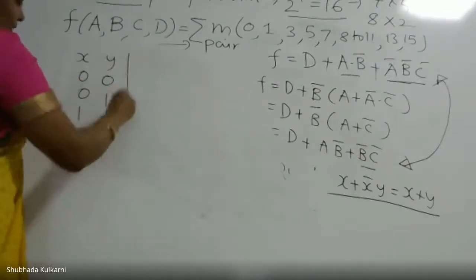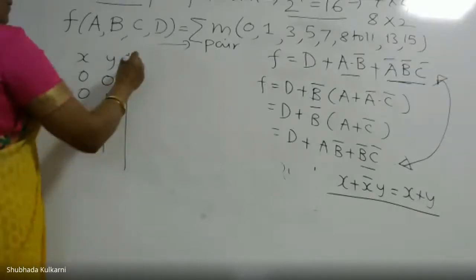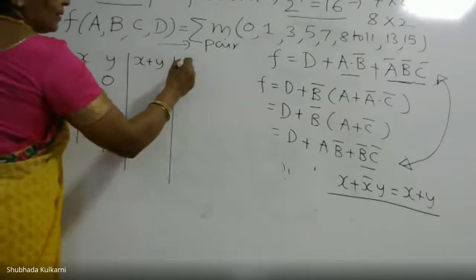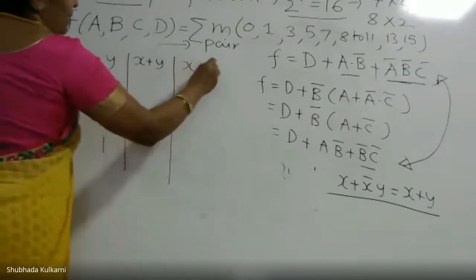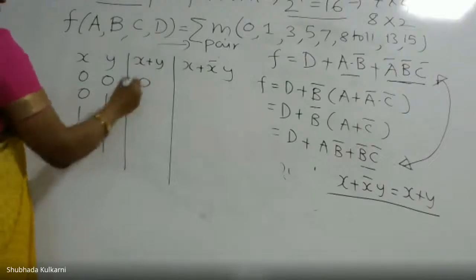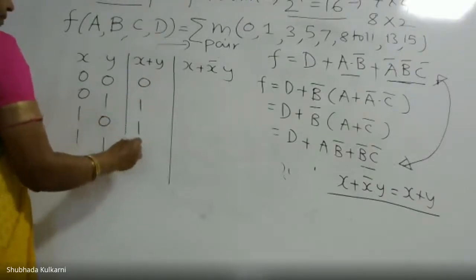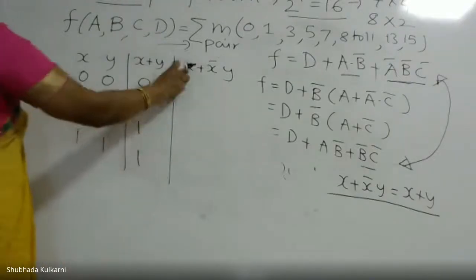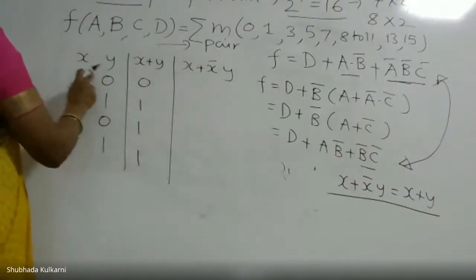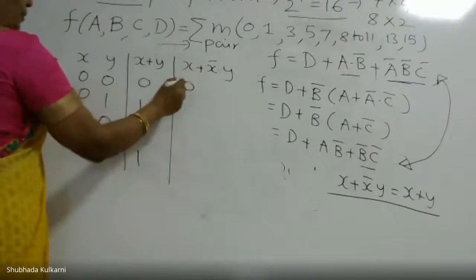These are the 4 possibilities. Now you can have x plus y in one column and x plus x bar y in the second. Both should come the same. That's all. X plus y: 0, 1, 1, 1. Now x plus x bar y. X is 0, x bar is 1, so this is 0.